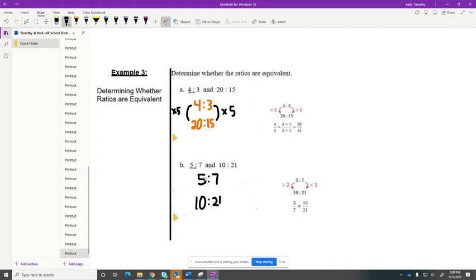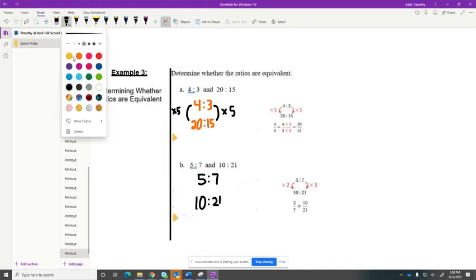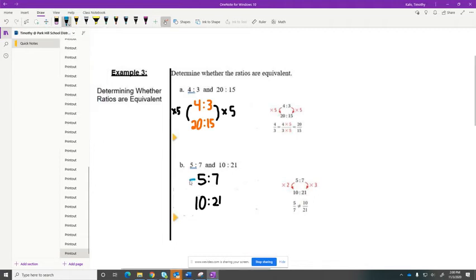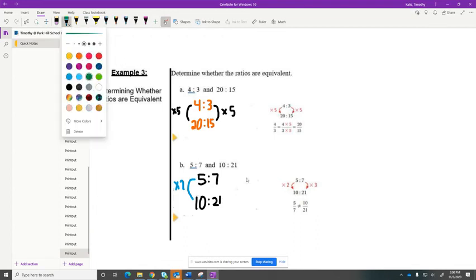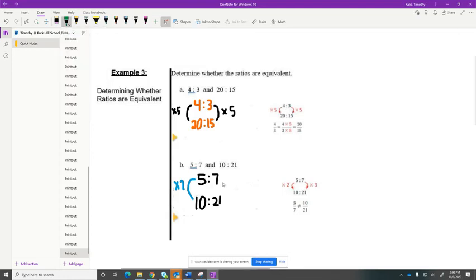On this one, we look at going from 5 to 10, and we notice that we would multiply by 2 because 5 times 2 makes 10. Now, if we look at 7 to 21, we know that 7 times 2 does not equal 21, but in fact, 7 times 3 makes 21.